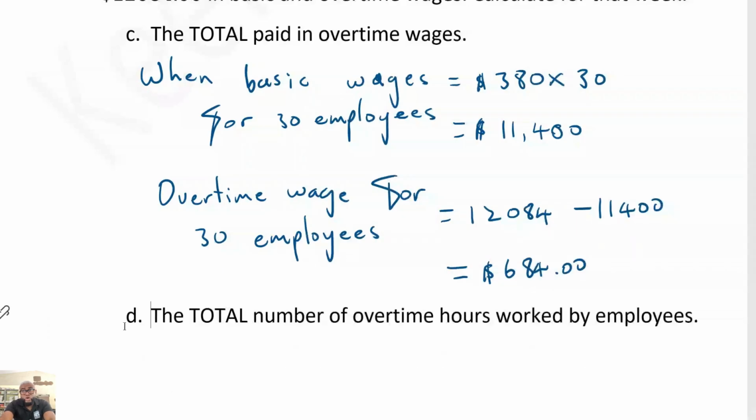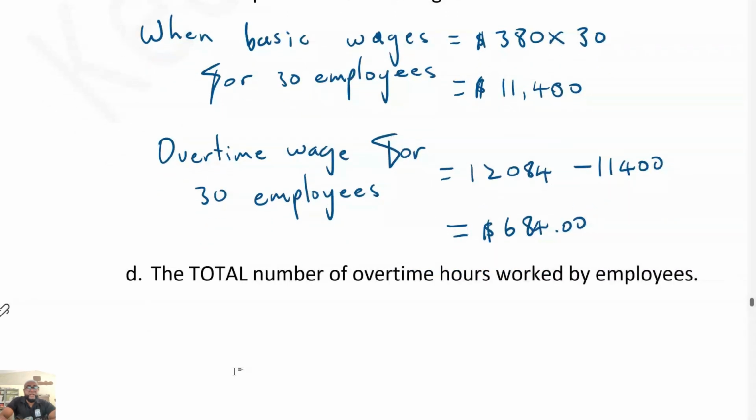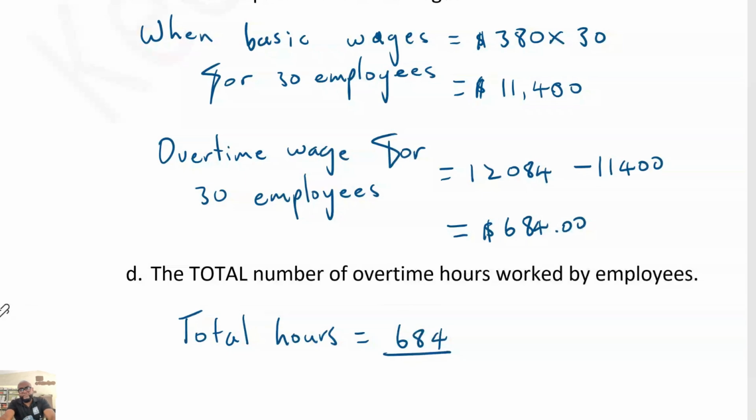They want the total amount of hours worked by employees, right? So the total hours, this is how simple. So the total hours would be equal to 684 divided by how much is an employee working for per hour in overtime?